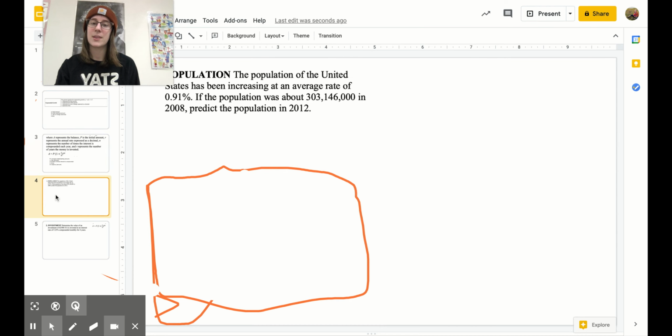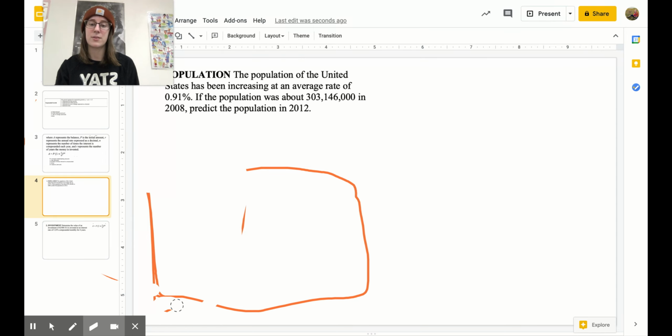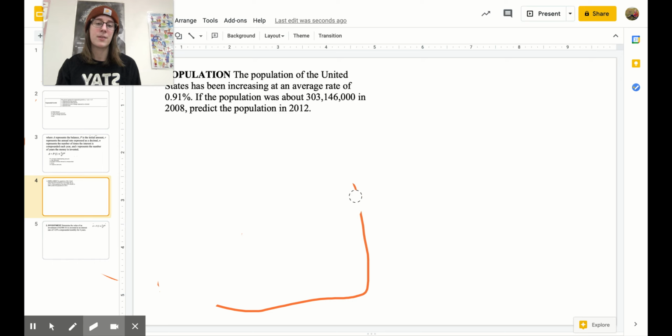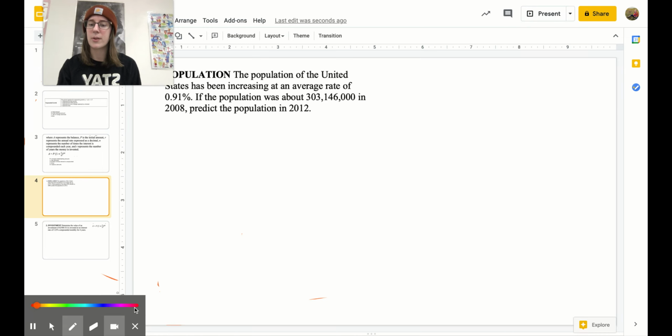All right. Moving on, we're going to talk about population. And so this is not the money one. You're going to use the other equation for this one. Once I get rid of my scribbles, we're going to use that growth formula.